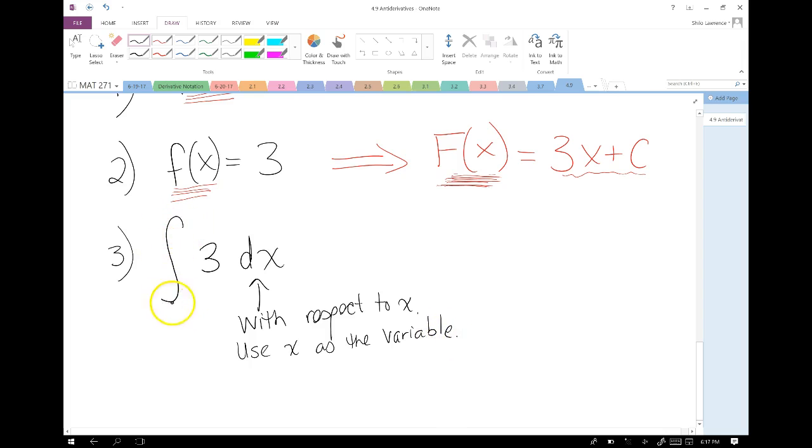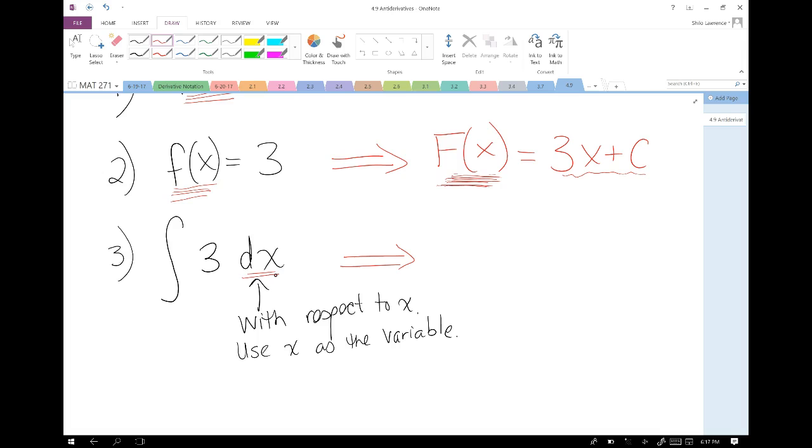So that kind of tall, thin S symbol means take the antiderivative. So they're not giving it to us in function notation. They're just saying take the antiderivative of 3 and use x as your variable when you do it.